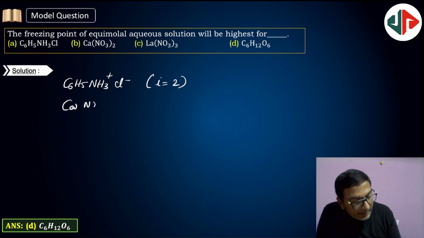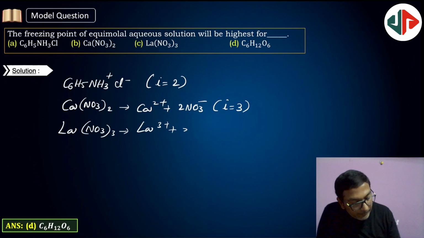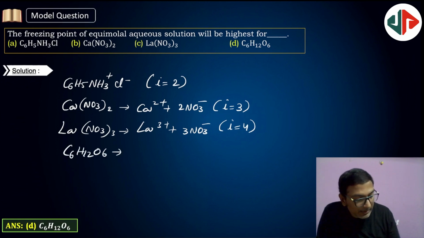For Ca(NO3)2, that means Ca2 plus and 2 NO3 minus, van't Hoff factor is 3. For La(NO3)3, La3 plus and 3 NO3 minus, van't Hoff factor 4. And for C6H12O6 glucose, van't Hoff factor is 1.